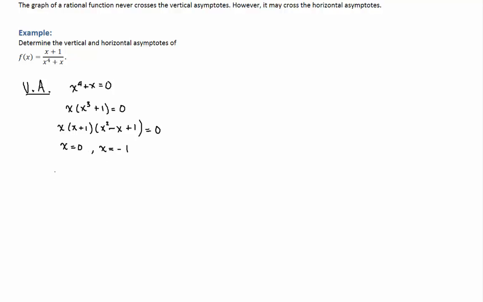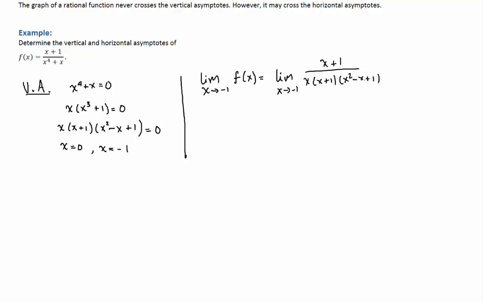This is as much as you used to do in, say, college algebra, but notice that in this case, if you calculate the limit as x goes to -1 of f of x, you would have the limit as x goes to -1 of the function x plus 1 over x times x plus 1 times x squared minus x plus 1. Notice what I did here.